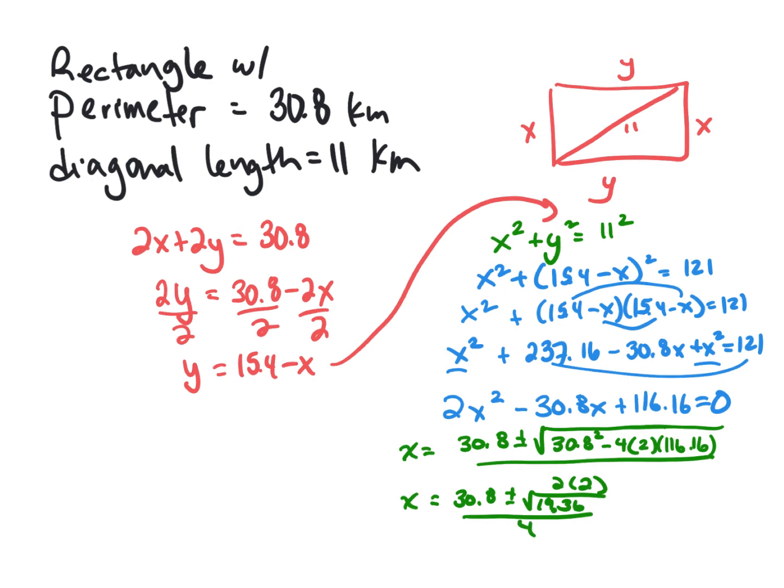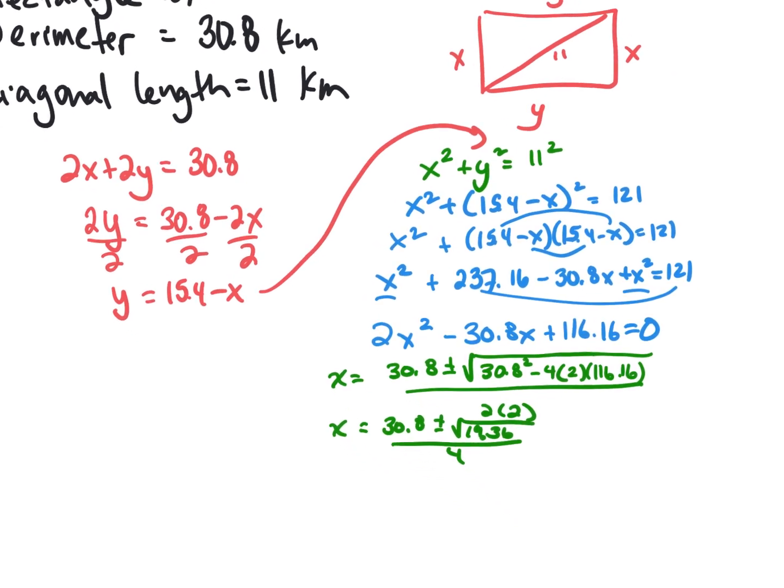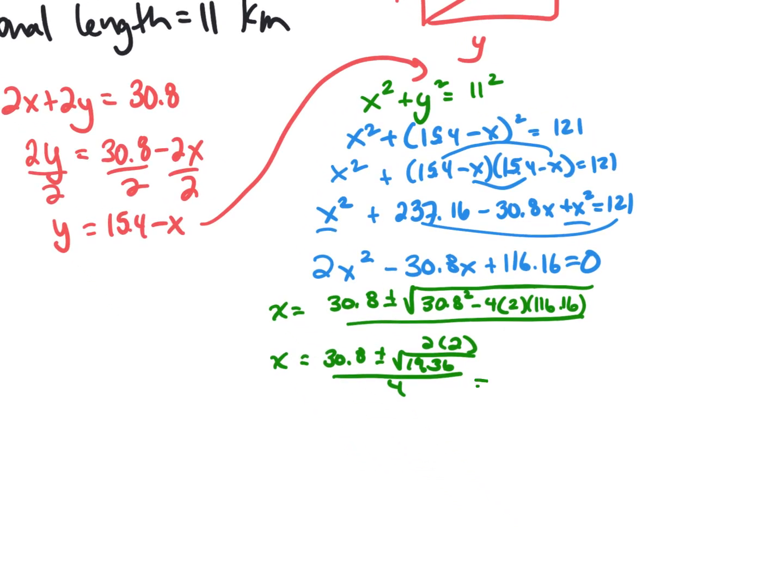And ironically, again, the square root of 19.36, even though it's pretty ugly, actually works out to be really nice. 30.8 plus or minus 4.4 over 4. So if I add it, 30.8 plus 4.4 divided by 4, I'm going to get 8.7 for one possibility. Then I also have to subtract it, and if I subtract it, I'll get 6.5.